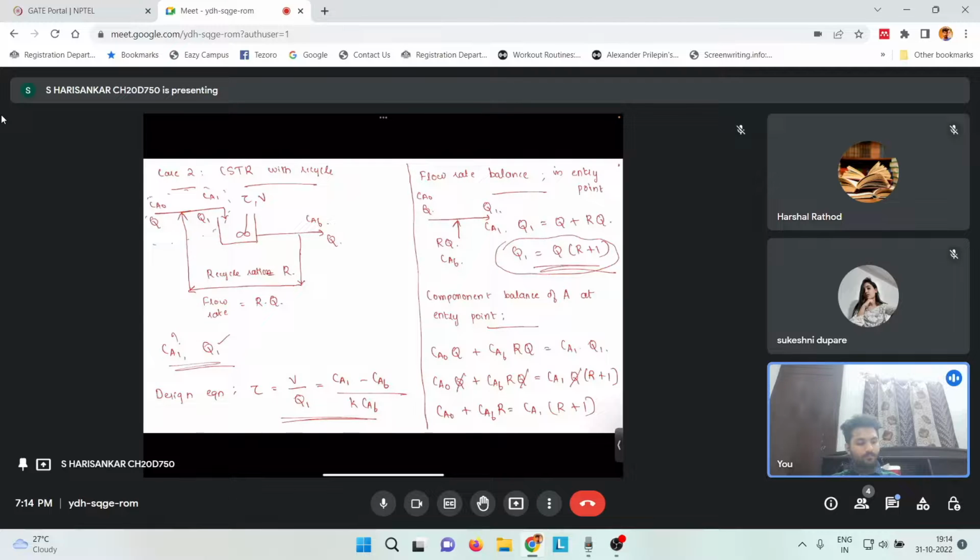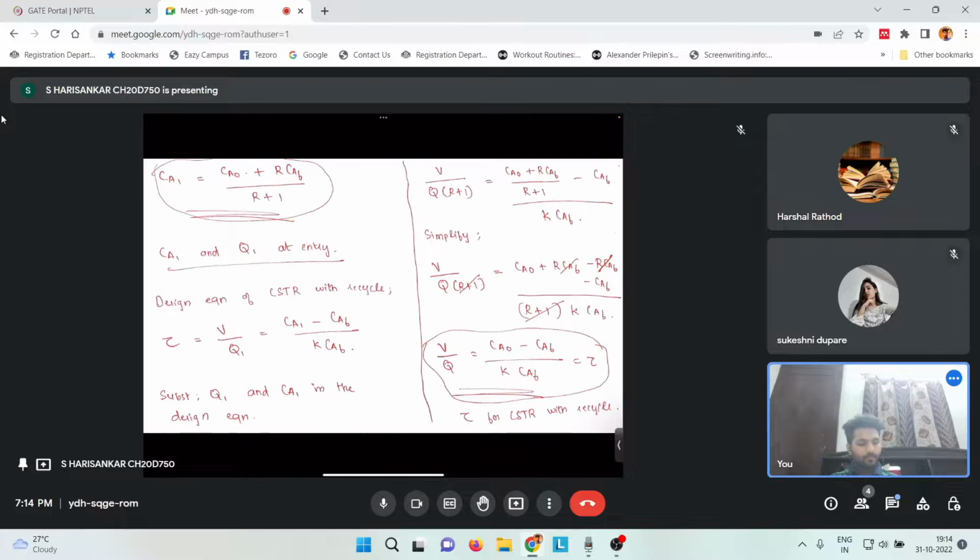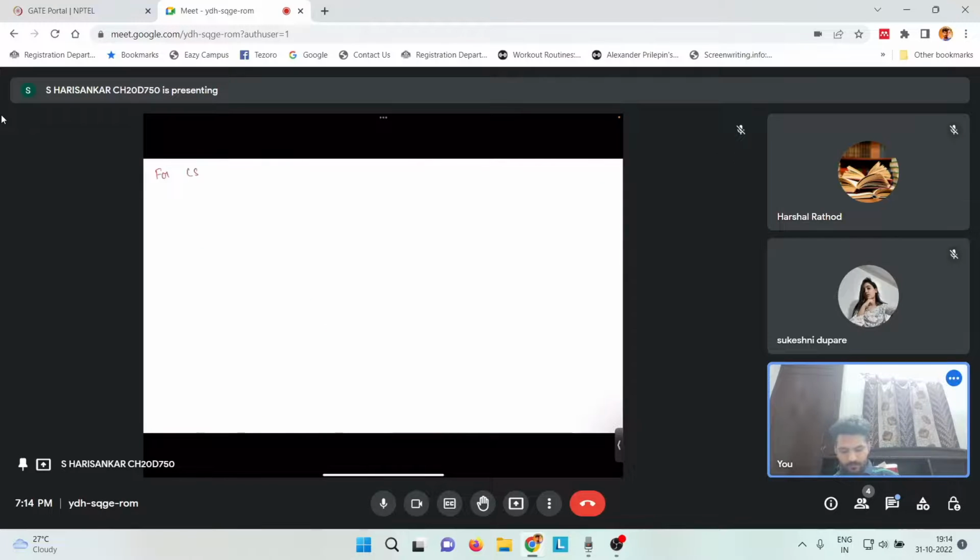So basically what this means is, if we try to find the conversion here, for CSTR with recycle, tau is equal to CA0 minus CAF by KCAF, and that is CA0 into XAF by K into CA0 into 1 minus XAF.